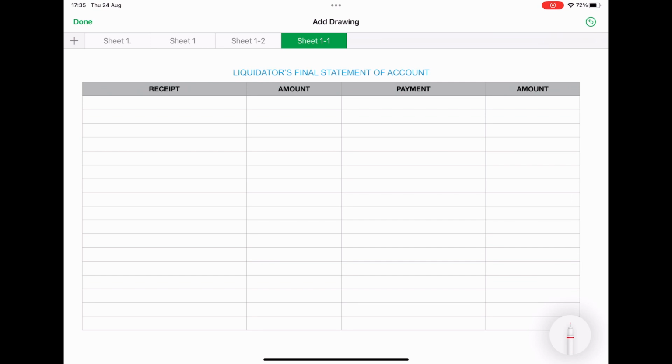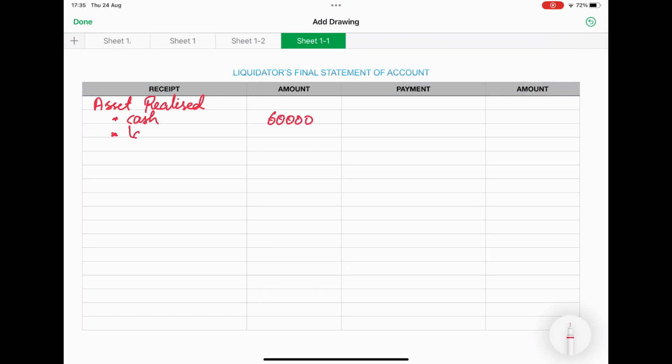This is the solution. As usual, we are going to start from the receipt, the debit side. First we start with assets realized, and we are going to write them one by one. First I'll write cash, they have given 60,000.